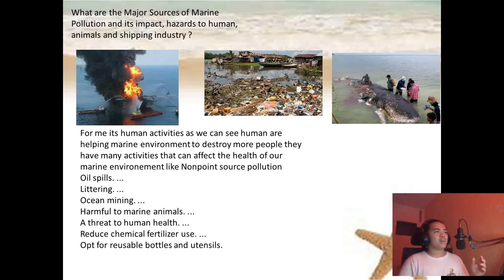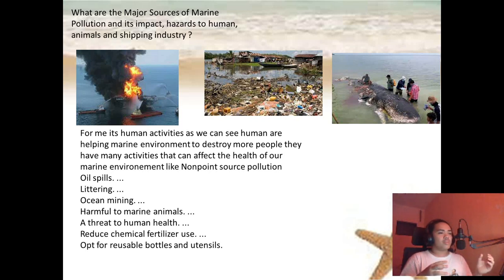So what impact does this have on humans? If the ocean is so dirty, maybe the ocean can produce food that is toxic. So that will make us sick. Based on my understanding, the effect of marine pollution on humans is very hazardous.